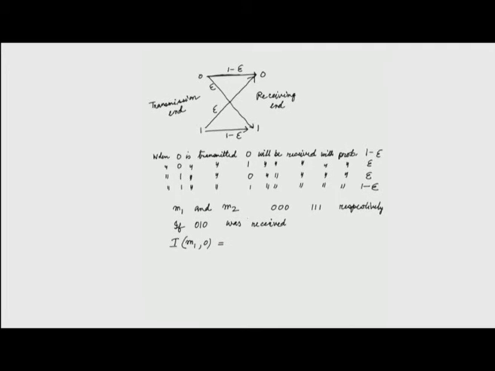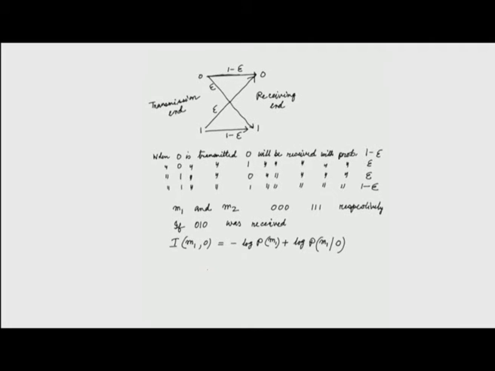Now, what is this? This will be minus log the probability that M1 is transmitted plus log the probability that M1 was transmitted given that 0 was received.